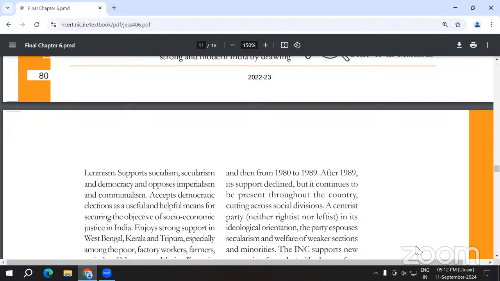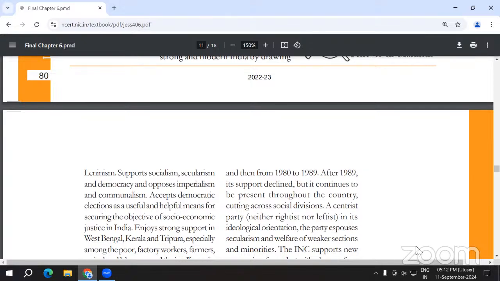It is a centrist party, neither rightist nor leftist. Because mostly the Communist Party, Marxist, it's International Congress only. See this one only. Support socialism and secularism and democracy and opposes imperialism and communism.